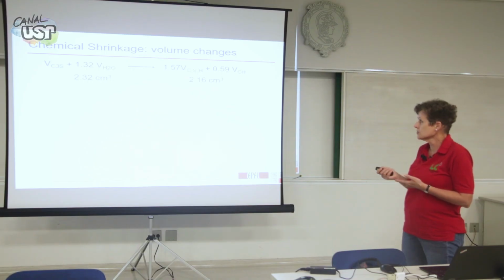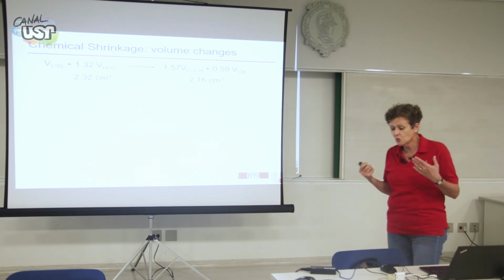So what's important here is you can see that the amount of solid increases dramatically on hydration. We have 1 solid volume here, and at the end we have just over 2 solid volumes. So this is why the cement works in the first place, because you have this increase in solid volume which joins the cement grains together and gives you this strength and hardening.